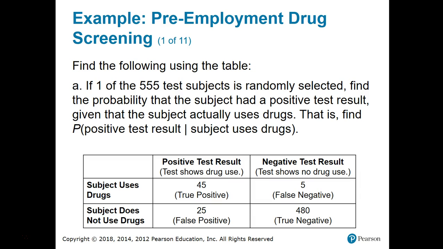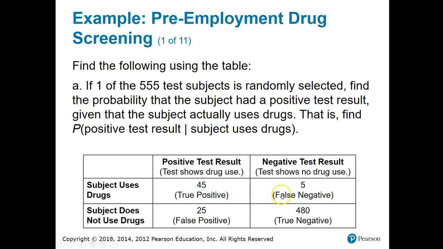Pre-employment drug screening. I've heard of those. If one of the 555 test subjects is randomly selected, find the probability that the subject has a positive test result, given that the subject actually uses drugs. That is, find the probability of a positive test result given the subject uses drugs.